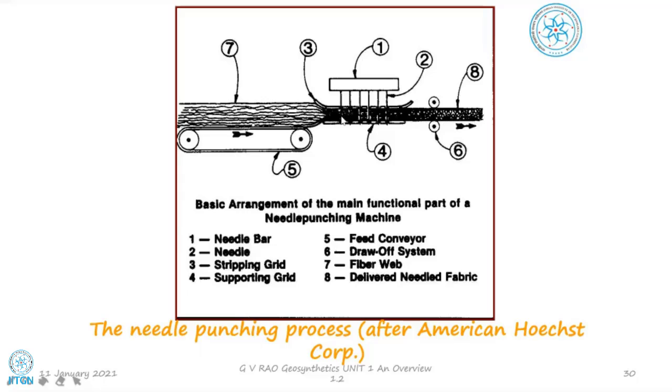It's not a bed of needle really. It's two beds. The bottom bed has got holes. There's a top bed full of these needles. As the material goes from the conveyor belt to the needle bed, naturally this is moving up and down. We'll come back to this again.